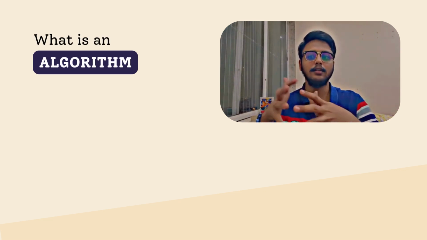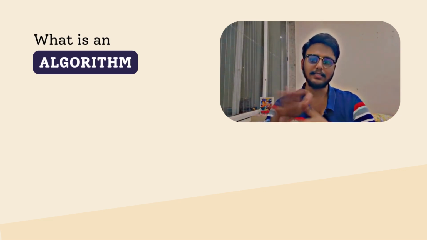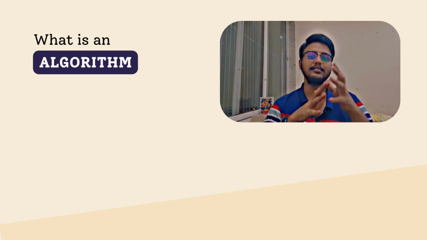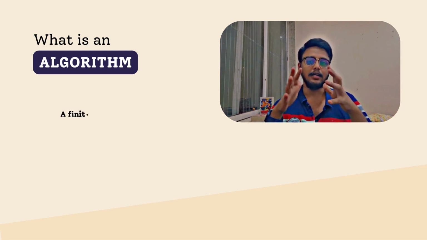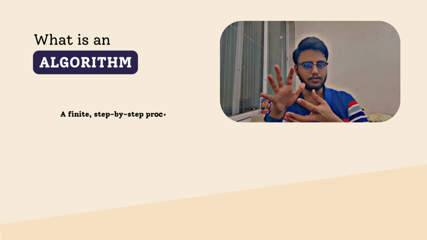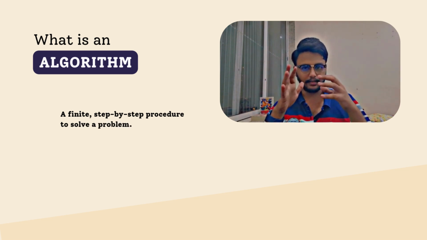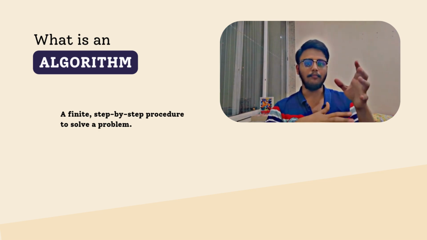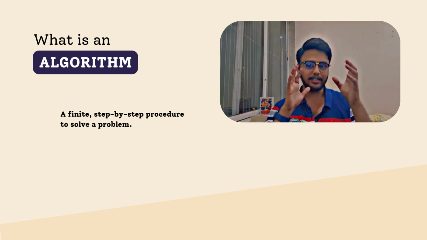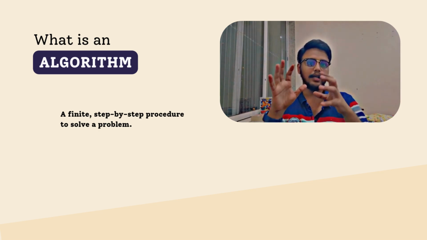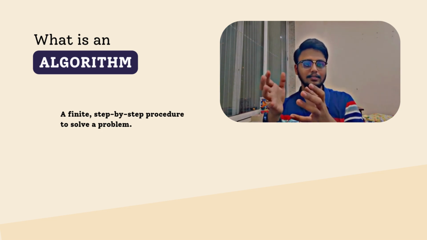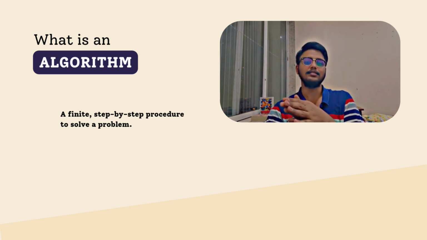So what is an algorithm? Let's start from the basics. An algorithm is a step-by-step procedure to solve any particular problem that is given to us. It is like the brains of any program. Code is not just the implementation, it also encompasses the problem that is being solved.